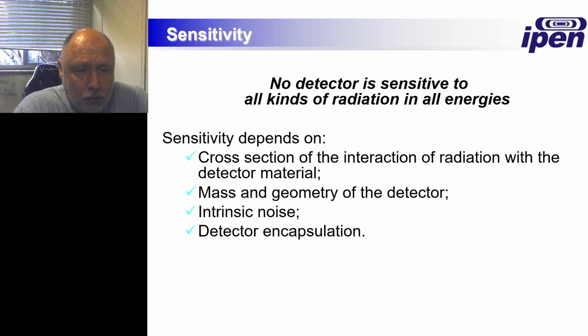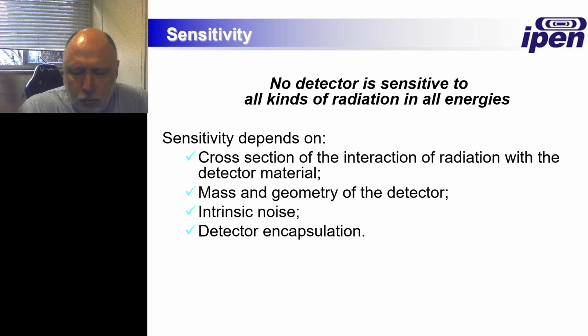And last but not least, you need to think about the encapsulation of your detector. Sometimes you need to protect. Some detectors you can expose, but mostly we have our detectors protected by something, and this protection will absorb part of this radiation. Remember, alpha particles, they will stop at anything, right?